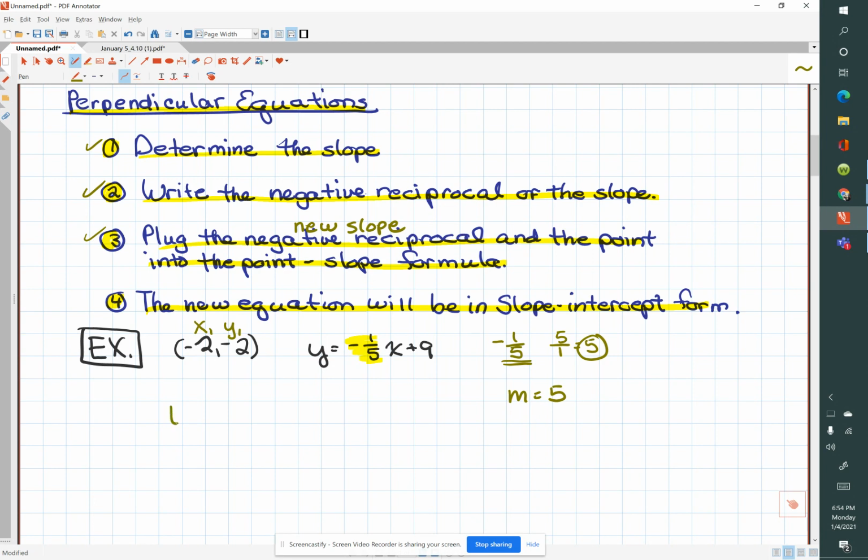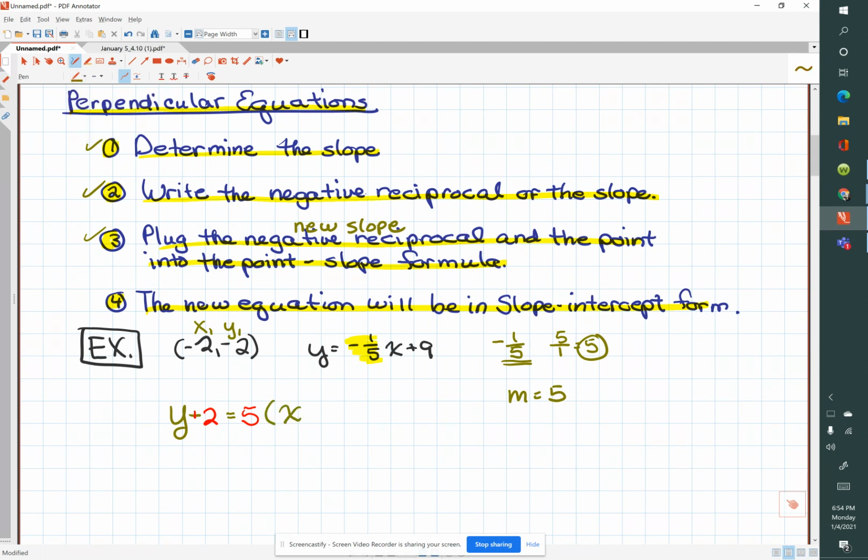So we will have y minus y1. Well, what is my y1? My y1 is -2, but y minus a negative 2 is the same as y plus 2, equals the slope, which is 5, times the quantity of x minus x1.